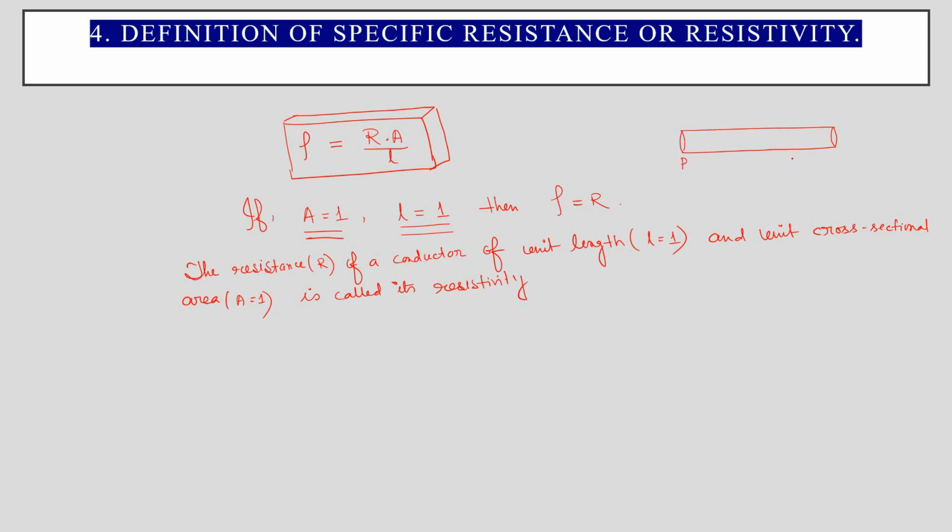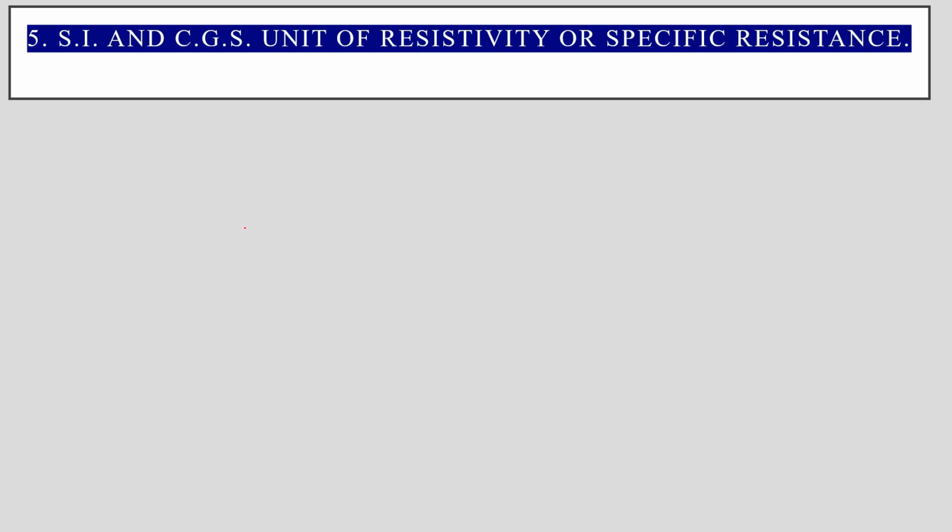If we are considering a conductor PQ, L equal to 1, it may be 1 meter, 1 centimeter, whatever it may be, should be unit, A equal to 1 meter square, then its R equal to its rho, that is its resistance gives us the measure of its resistivity. Now the units of resistivity.